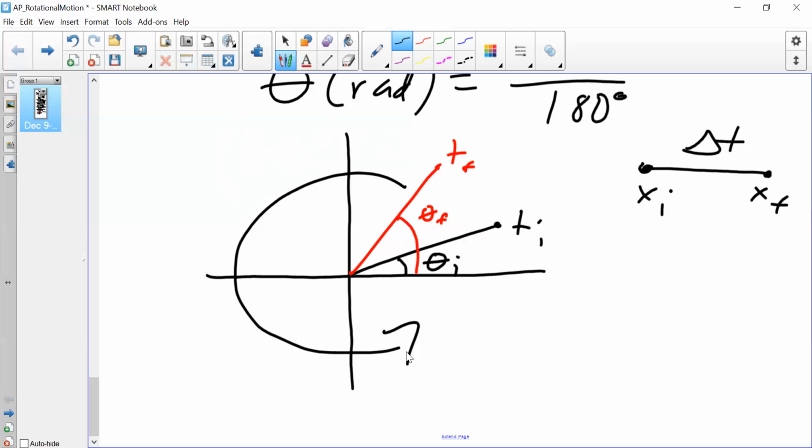Therefore, angular displacement is delta theta, theta final minus theta initial, which is the angular analog of x final minus x initial. That's all it is. And this length is the radius of the circle.